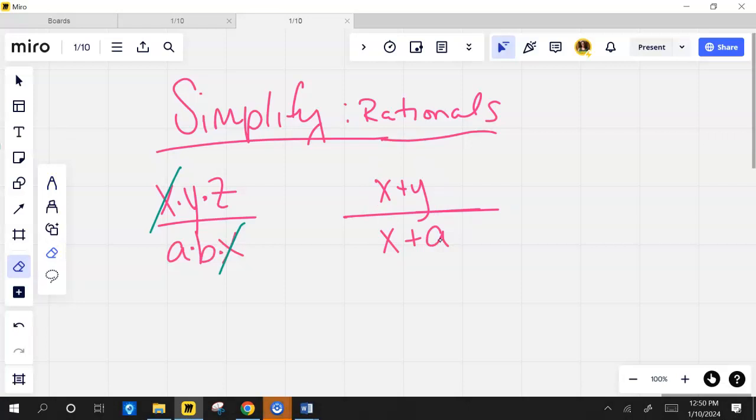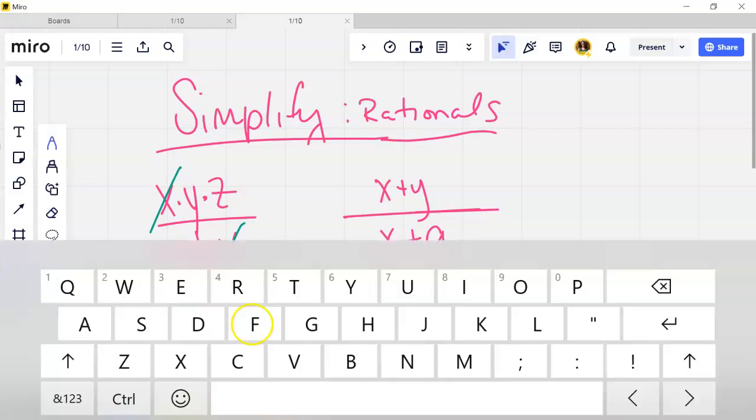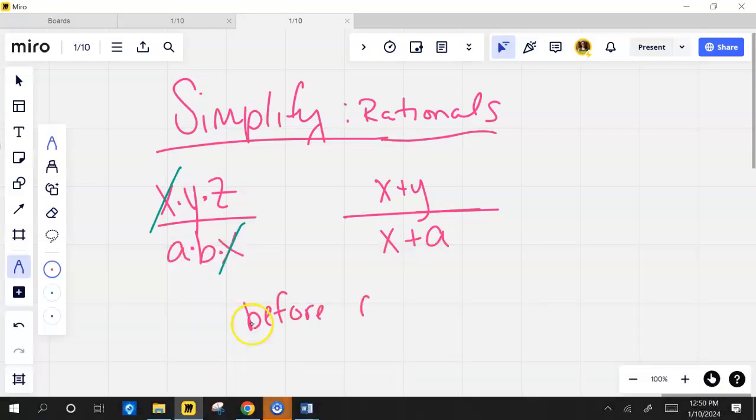Can't do that. Okay? You cannot ever, ever, ever cross them out. So before you start crossing out, before you cancel, every plus or minus has to be in parentheses.